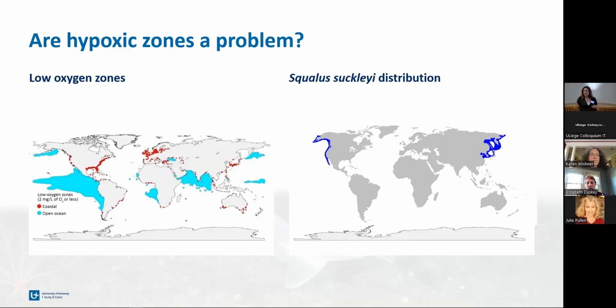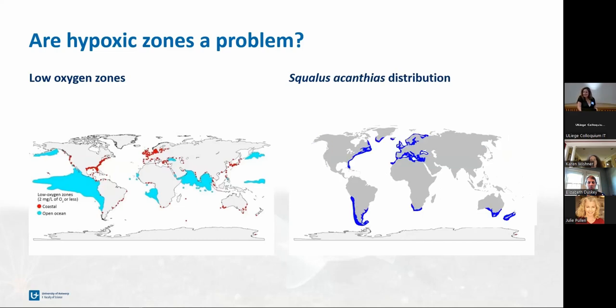And since they live often in inshore water and near the bottom of the ocean, they could definitely experience hypoxia. The Squalus acanthias, the spiny dogfish, in case people are wondering, is all the rest of these spiny dogfish in any other area.